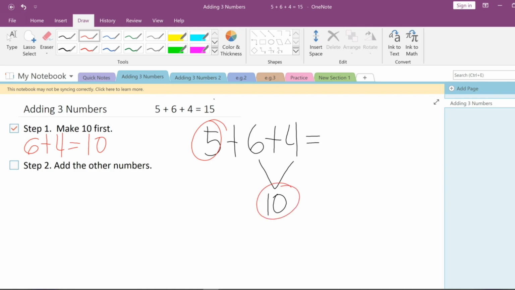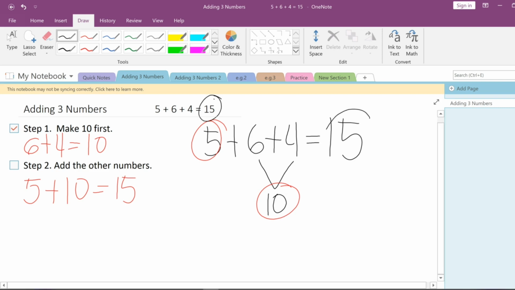Step 2 says that we have to add these numbers. So let's just add them. 5 plus 10 equals 15. Now, did we find the answer? Yes, we did. This 15 here and this 15 here, we've got the same answer.